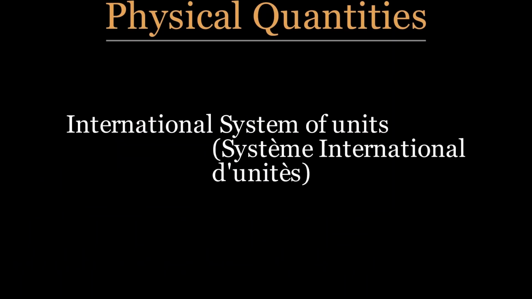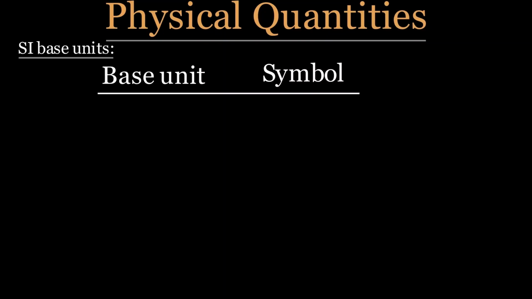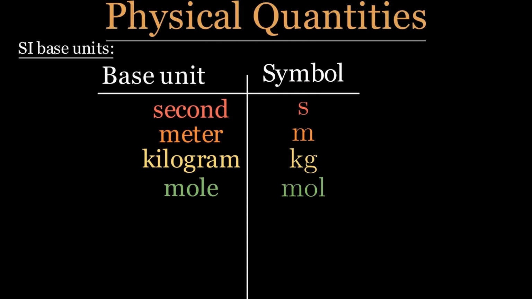All right. Now let's look at SI units. SI stands for International System of Units. There are 7 base units. Base units are also called fundamental units, and they are just the units of the fundamental quantities.